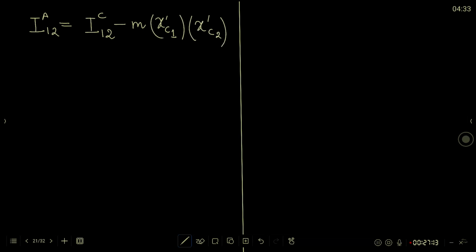IA12, using the parallel axis theorem for the products of inertia, equals IC12 minus m times x prime C1 times x prime C2. That's the parallel axis theorem for us.